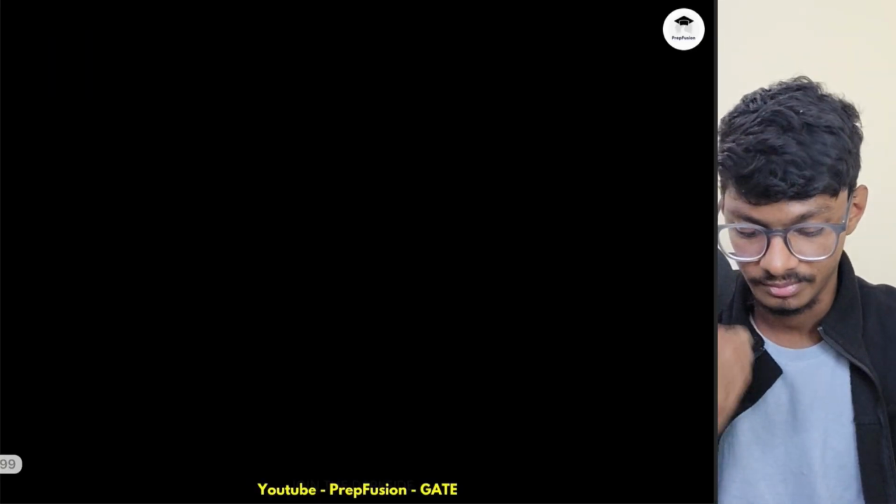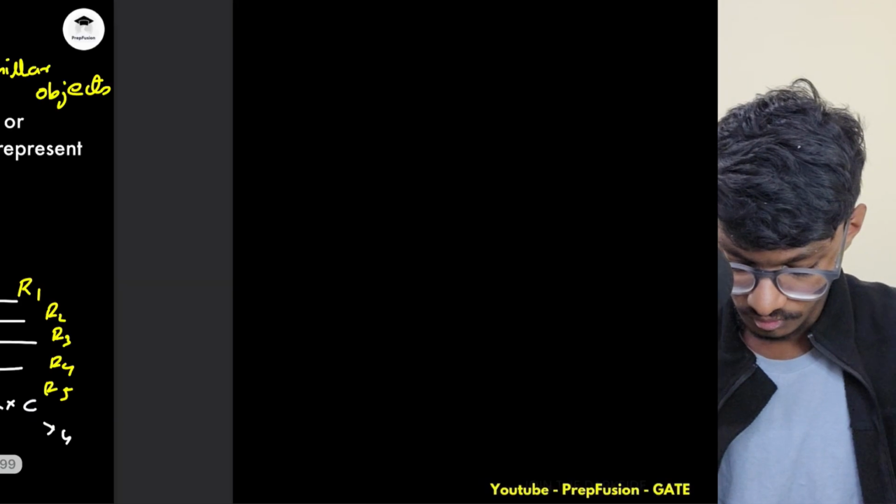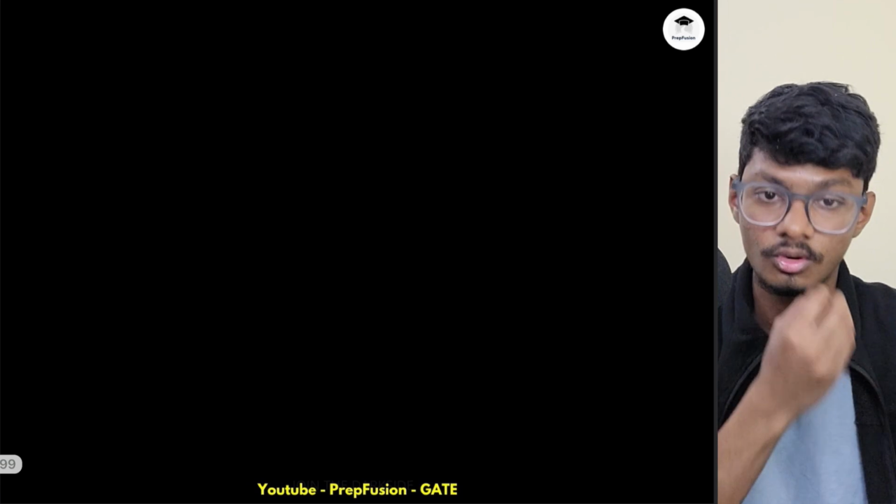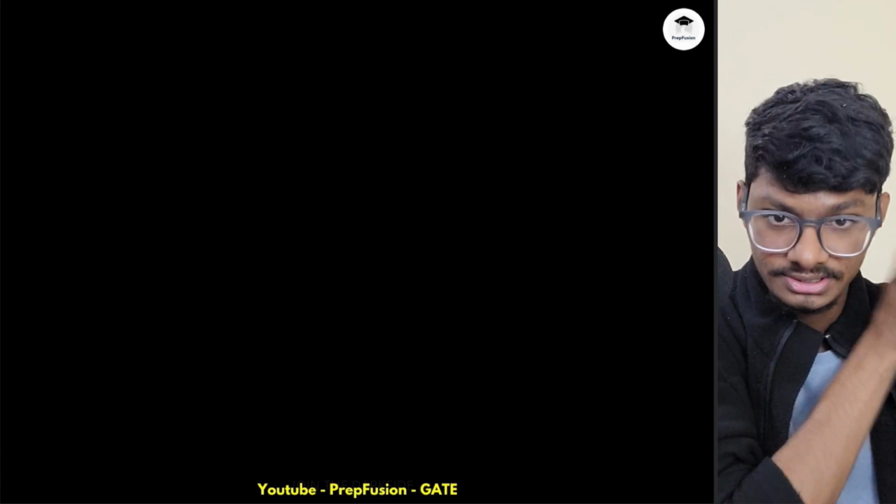And a few things I want to say about the matrix size. In this case, I've taken the example where I have 5 rows and 4 columns. So what is the matrix size, or order of the matrix, or total number of elements inside the matrix?